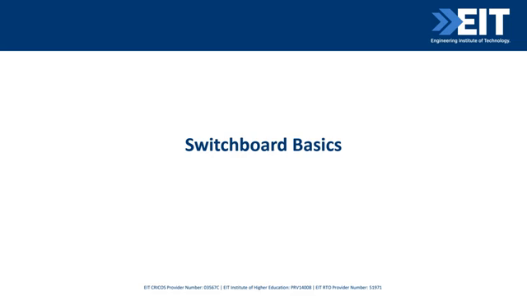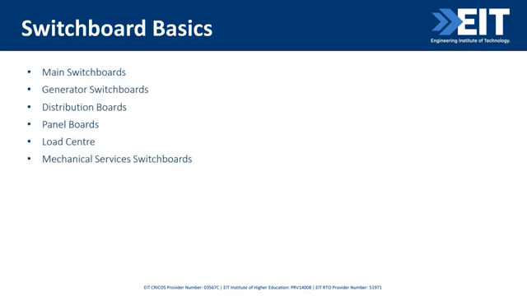Let's talk about the basics of switchboards. When I say switchboard, it's anything that contains a protective device. We could be talking main switchboards, which are the key ones for a whole building. You could have a switchboard associated with a generator.